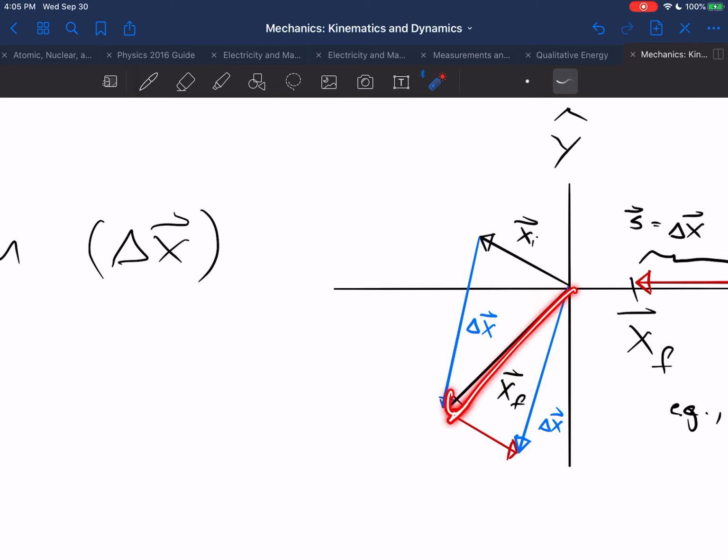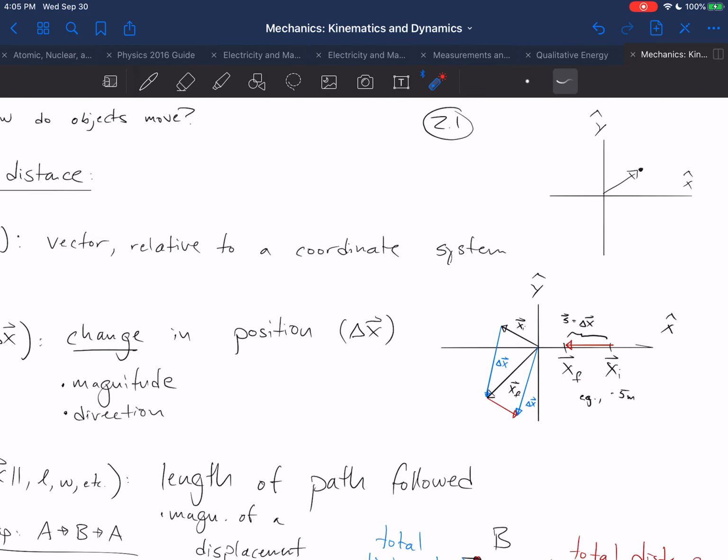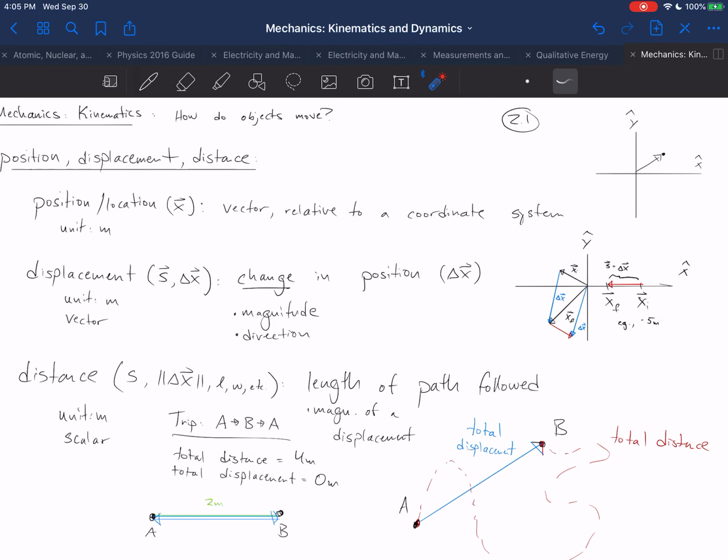So that's the final one plus negative the initial, giving us a delta x, or a change in x, that is a displacement, looking like this blue vector here. So if we started out here and we went here, then somewhat predictably, the change in the position, the displacement, is represented by that vector right there. And so you never want to forget that displacement just means change in position.